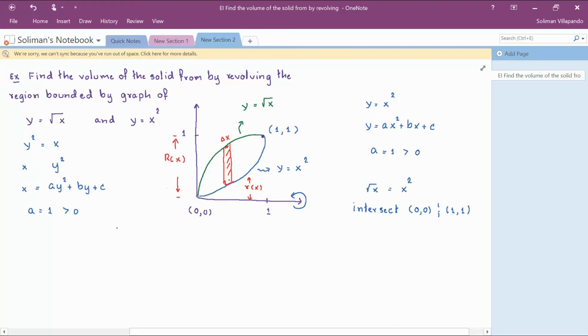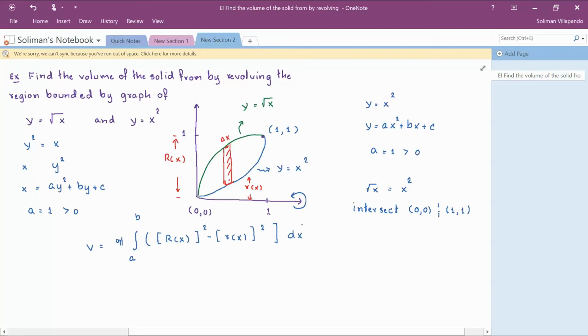As you remember, the formula that I gave you when we first started: the volume is equal to pi times the integral from a to b of the radius of the bigger circle squared minus the radius of the small circle squared dx.